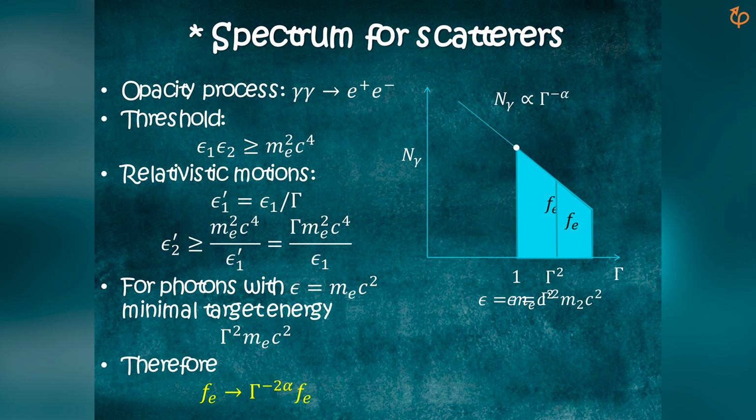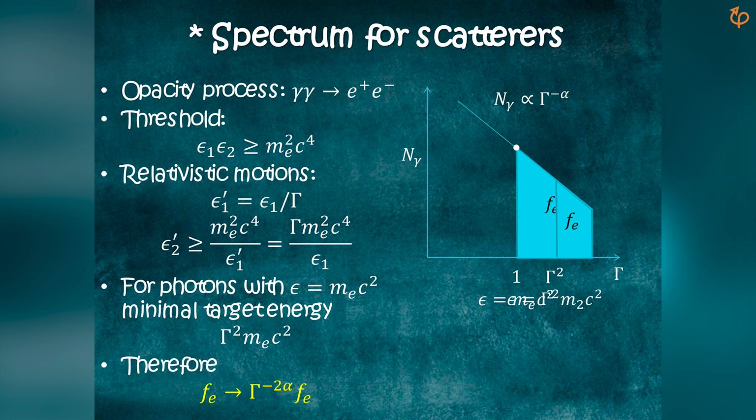If I have a photon whose energy lies below the threshold, the second photon must have an energy larger than that.